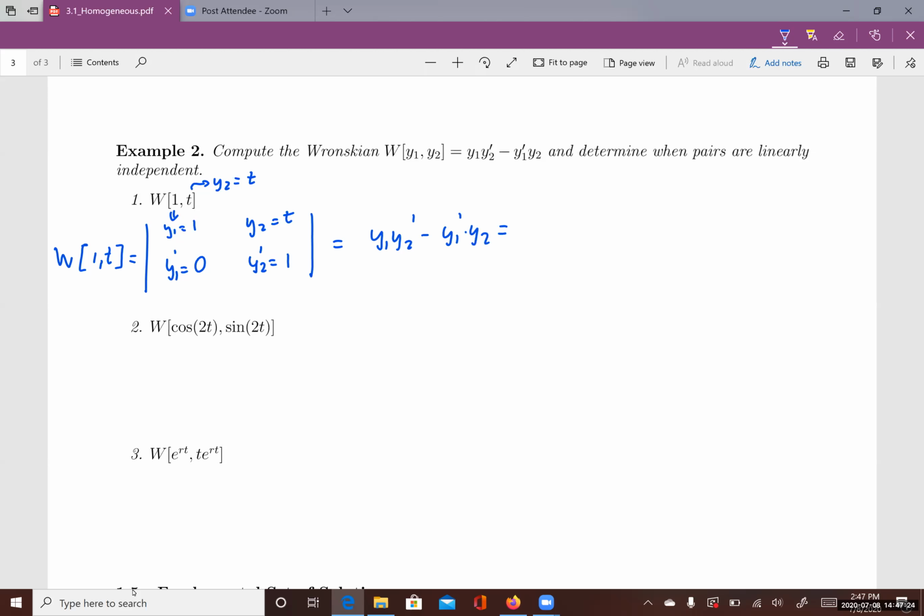So y1 is 1 times y2 prime, which is 1, minus y1 prime, which is 0, times y2, which is t. So the result is 1, and it's different than 0. That means the functions y equals 1 and y equals t are linearly independent.